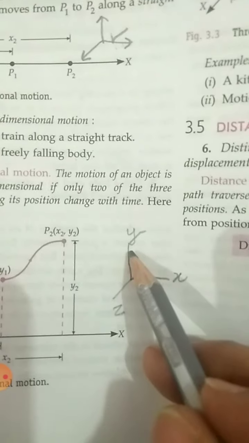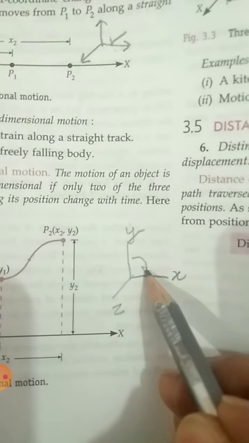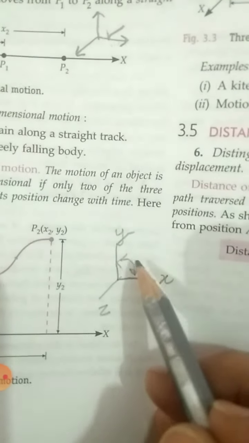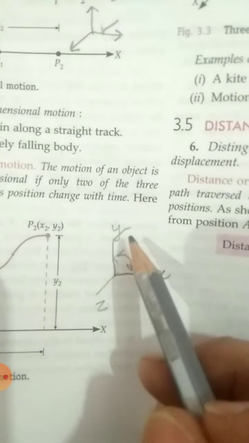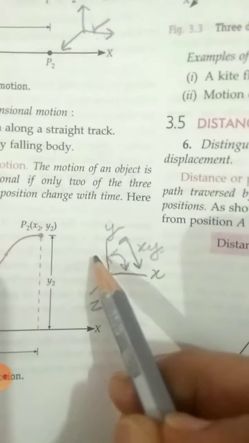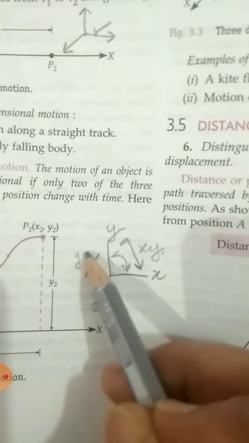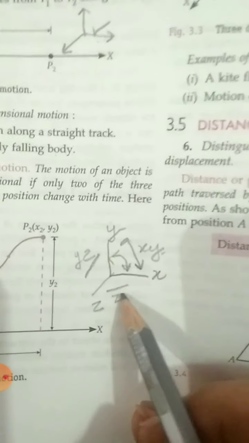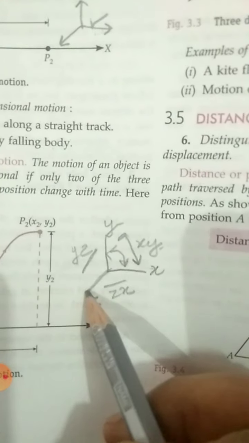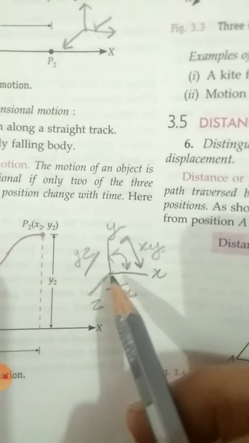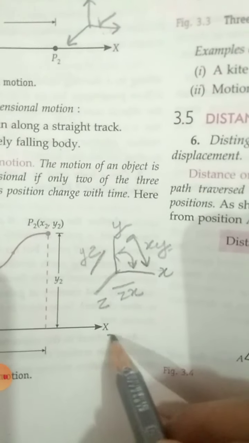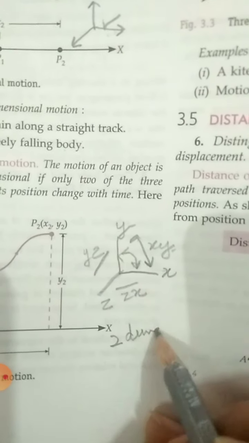In this situation, when you are considering any two axes for explaining the position or change in the position of the object, whether you have the xy plane, the yz plane, or the zx plane, when you are considering two planes for the change of position of the object, in that situation you say the object is moving in two dimensions.